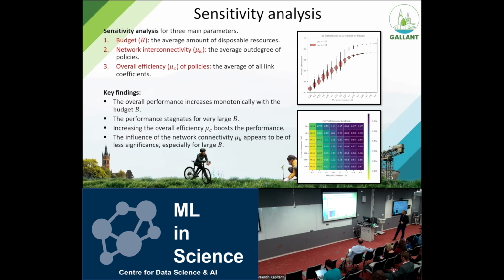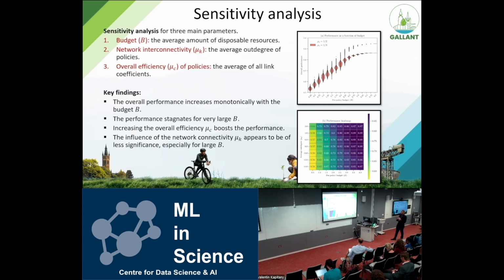So sensitivity analysis is a technique that tries to understand how changes in parameters affect the overall output of the system. In this analysis, we focus on three crucial parameters: the budget, network interconnectivity, and overall efficiency.